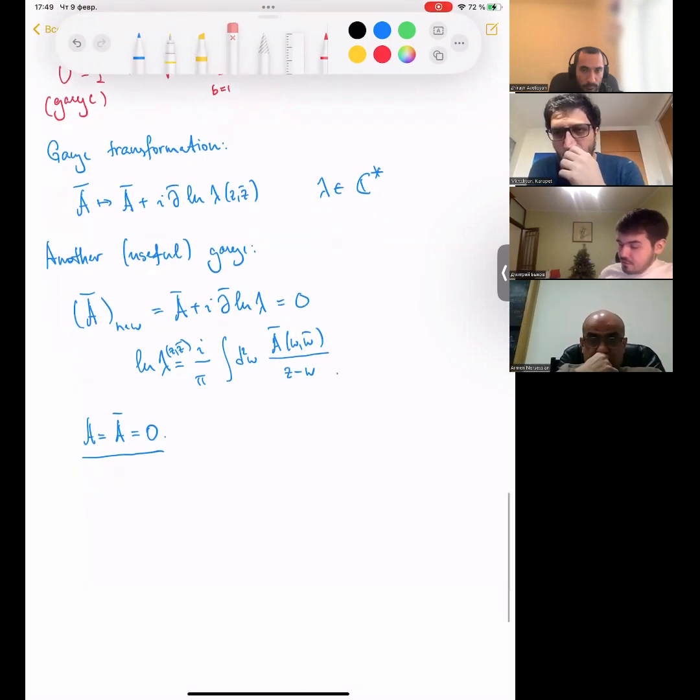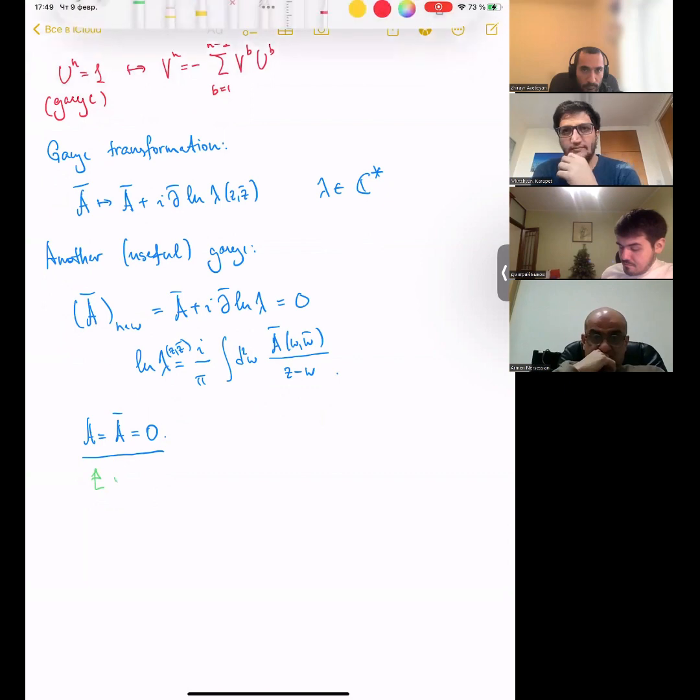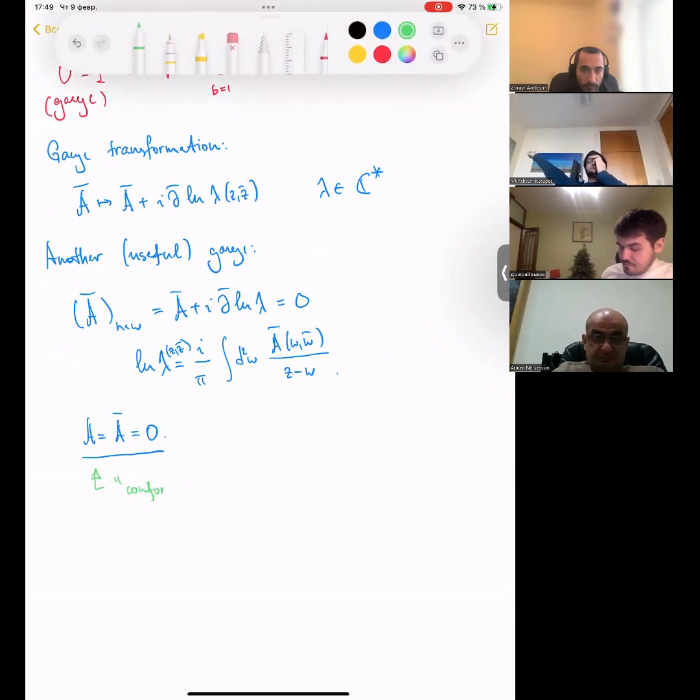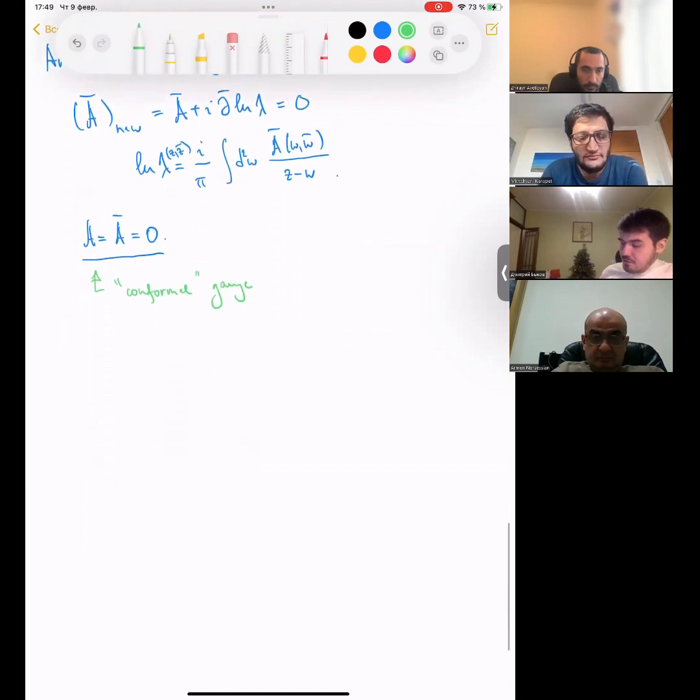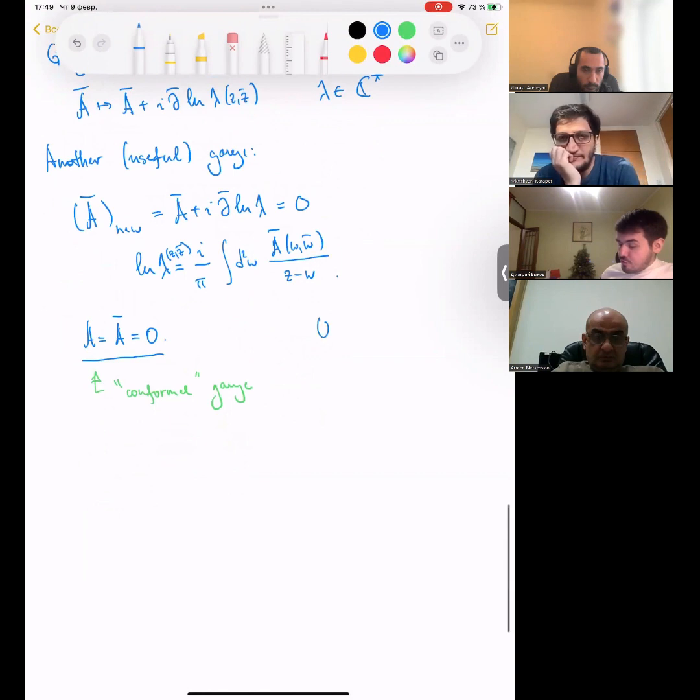So this is the analog of conformal gauge. And the inhomogeneous, when we were choosing inhomogeneous coordinates, U_N equals 1, this was the analog of light cone gauge.